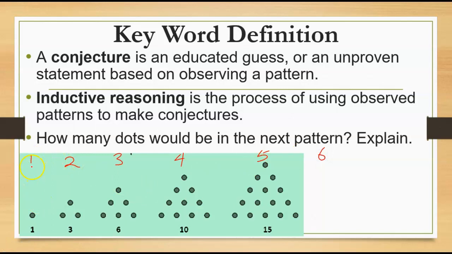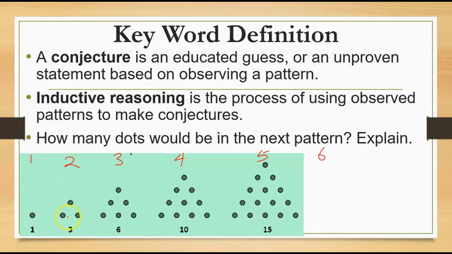Okay, so we see the first pattern has 1 dot. Let's see what changed when we move on to 2. There are 3 dots, but how is that related to the former one? We had 1 in the past, and then we had the number 2. So the first had 1 plus nothing, which is 1.